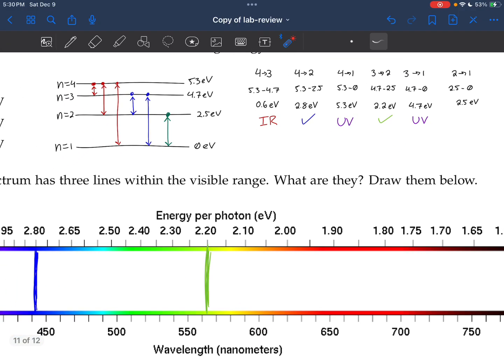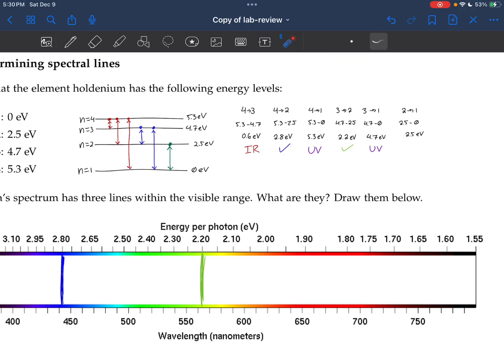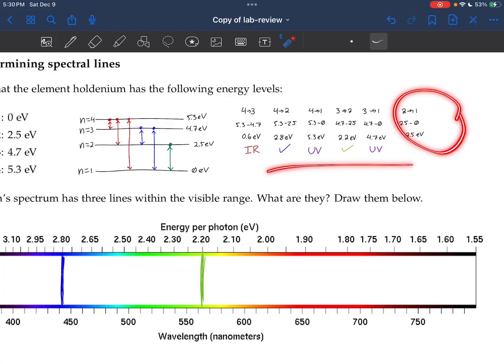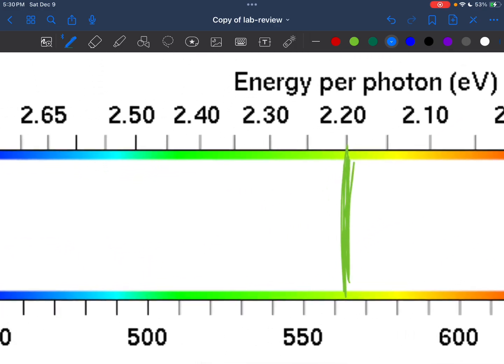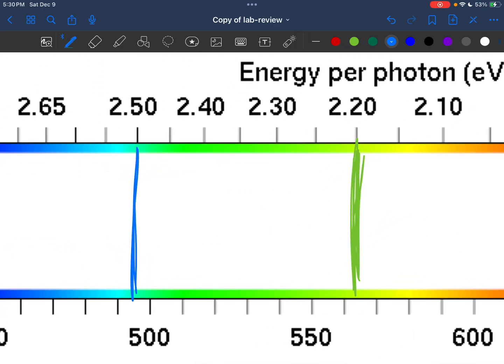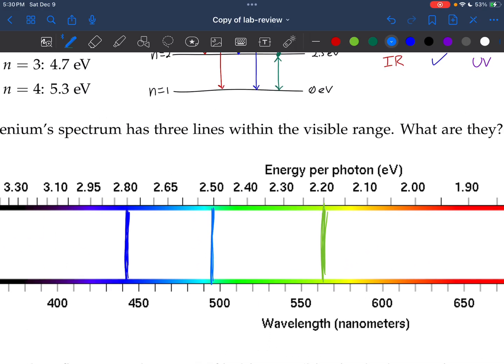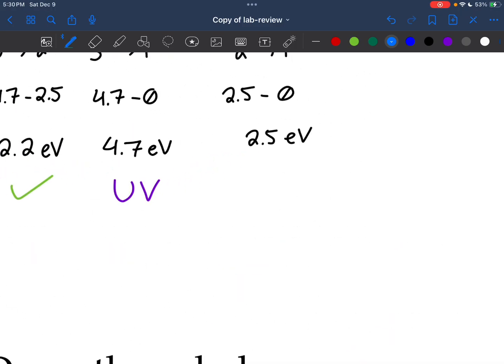And lastly, 2.5. Well, using process of elimination, this is my last transition left, and I've only found 2 of the 3 lines that I'm looking for in the visible spectrum. So 2.5 is definitely going to be visible, which we can also see because it's right here. I'm going to use this kind of bluish color for this one. It's kind of in that blue-green range.